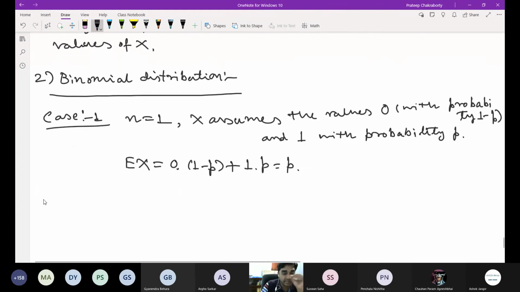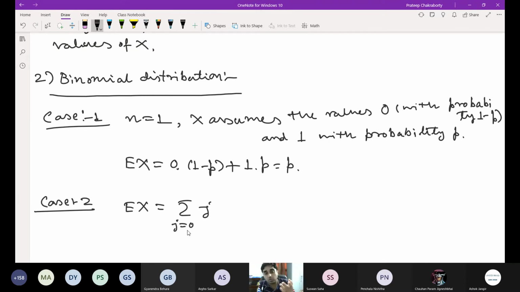Now we do this for any n. So here the expectation is summation over j. If you are doing n trials, there may be no hit or no success, or at most n successes.